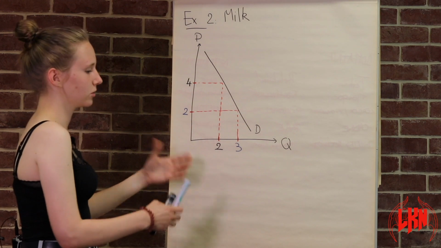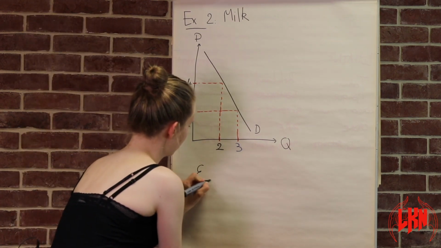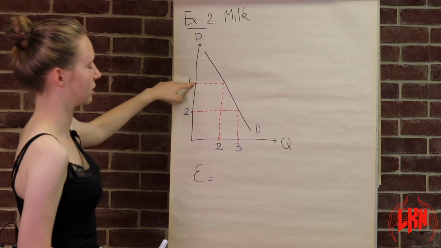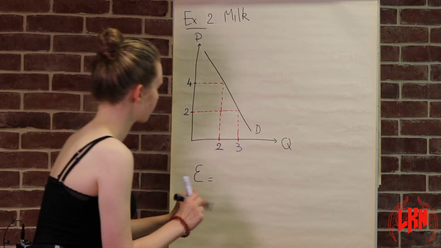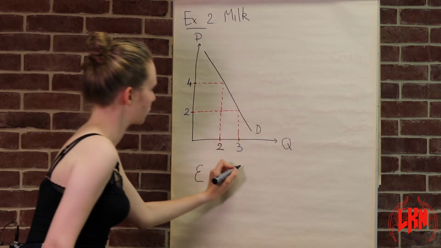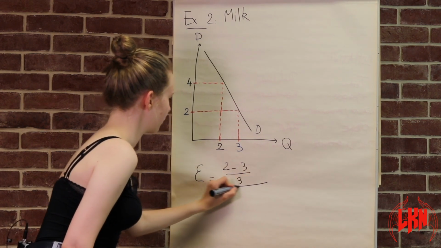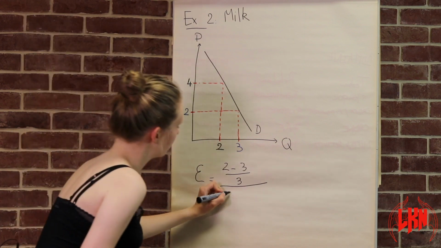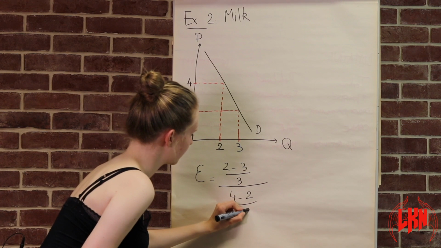And then let's compute epsilon, the same as before. The quantity demanded with the second price, which is 4, is 2. So it's 2 minus the first quantity 3, divided by the first quantity 3, over the second price 4 minus the first price 2, divided by the first price 2.